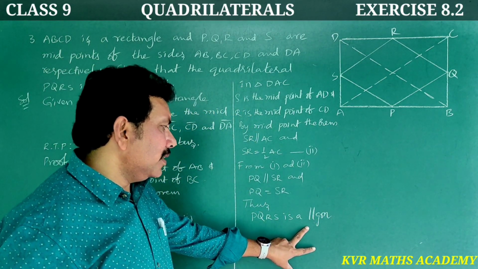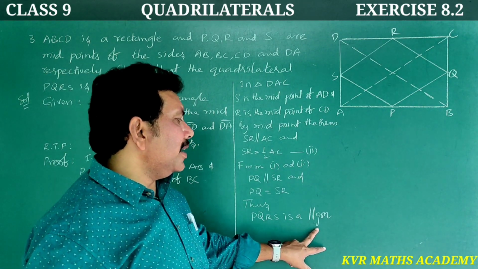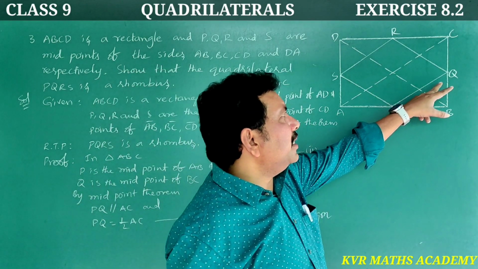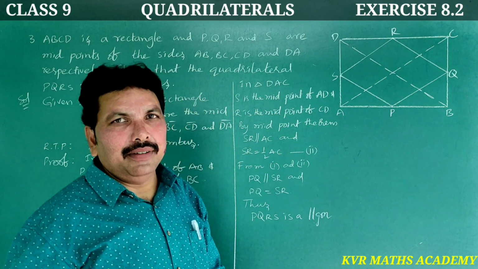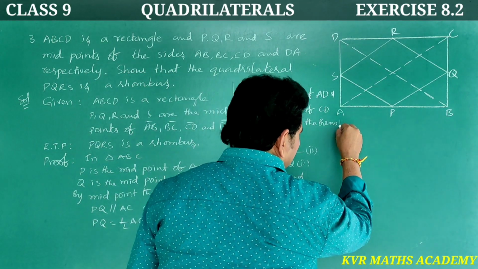We have proved this. Now we know that two adjacent sides equal in a parallelogram is a rhombus. So how do we prove that two adjacent sides are equal? Let us take another triangle.